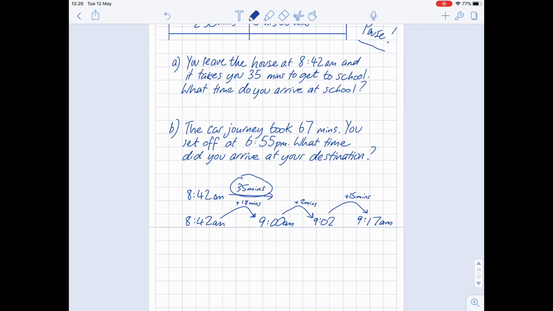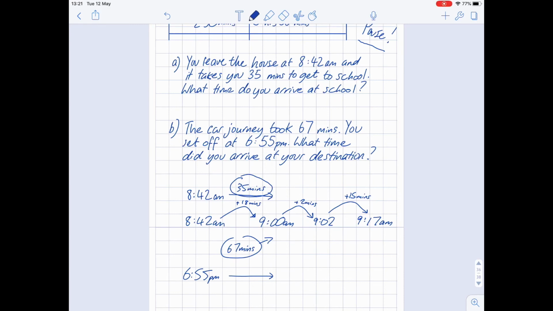Your method was correct. So for the next one, journey time was 67 minutes. So I'm just going to put that by here so I don't forget. I set off at 6:55 p.m. And what time did I arrive at my destination? Well, 67 minutes, I'm going to convert into hours and minutes.